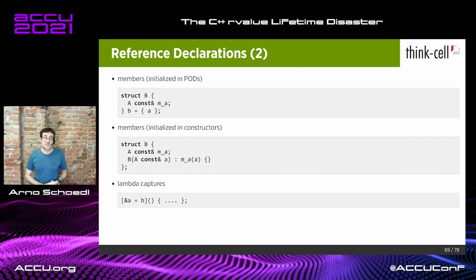Then you have structs, which have references as members, and they may be initialized as PODs. Then you have references that are initialized in constructors of structs or classes. And you have lambda captures. I didn't come up with anything else. If you have any more ideas, I'm happy to hear them.